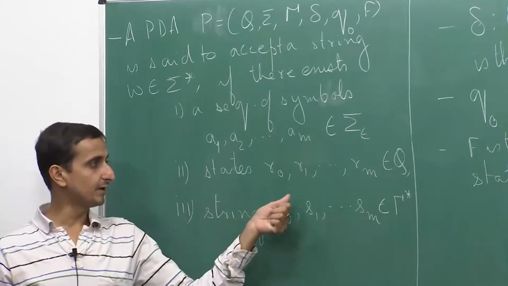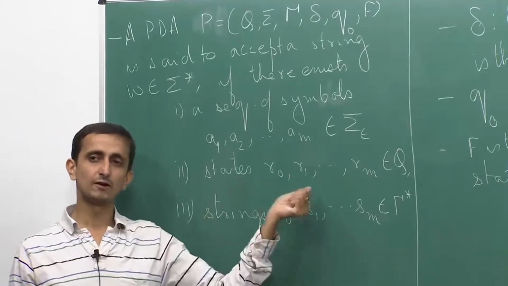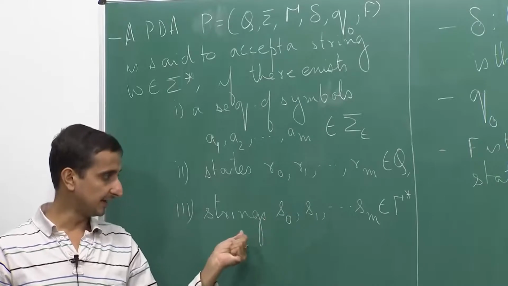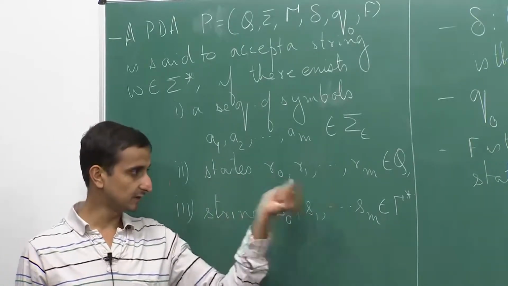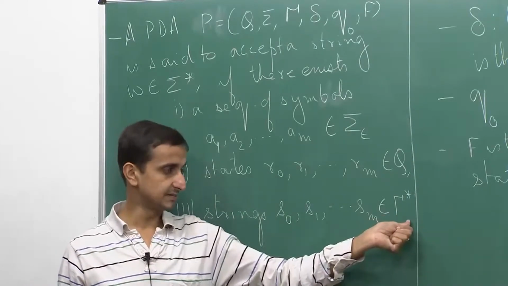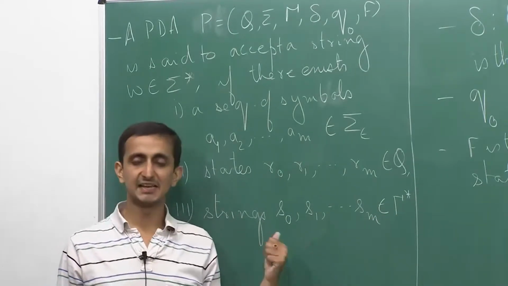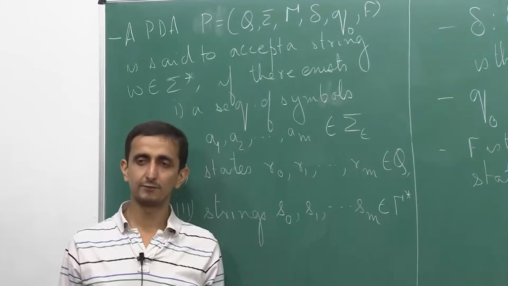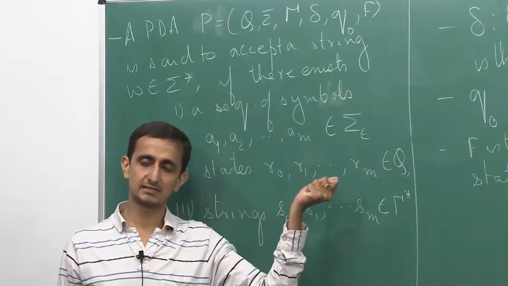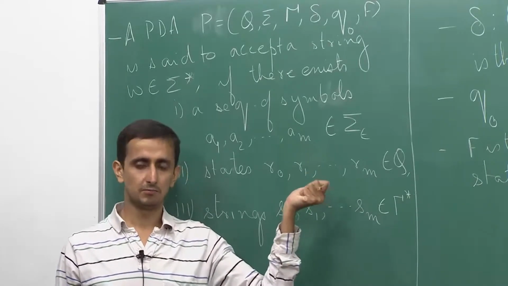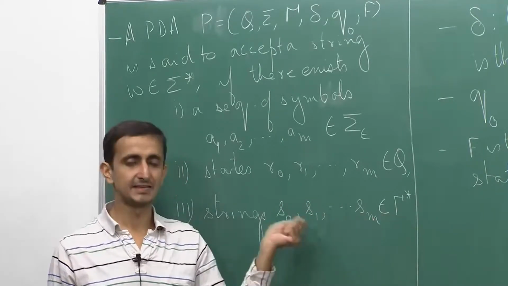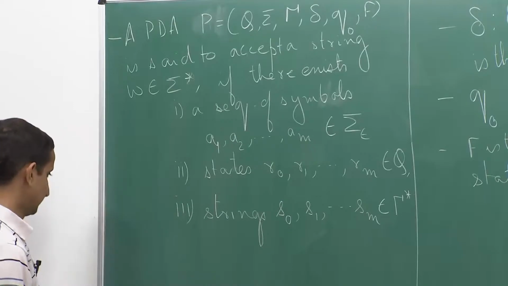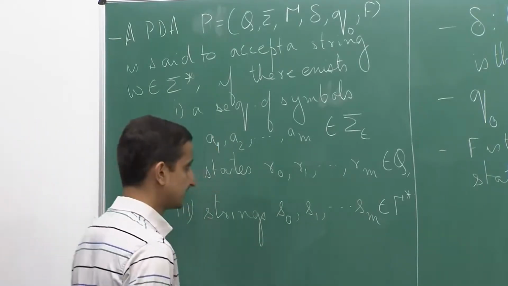At each step it is going from a state ri minus 1 to ri, and the contents of the stack is basically si. Whatever string is contained in the stack from top to bottom is si.